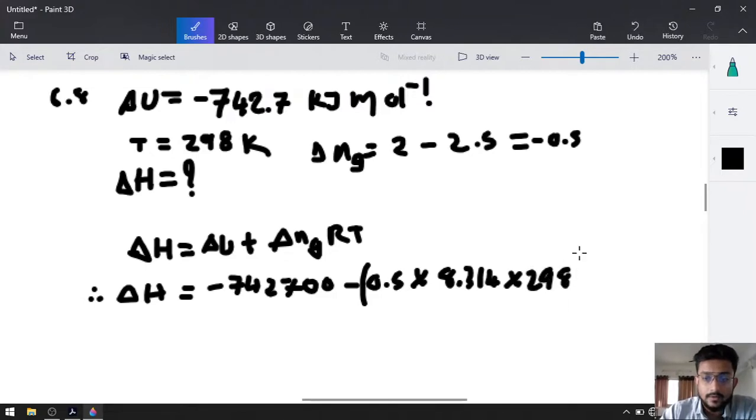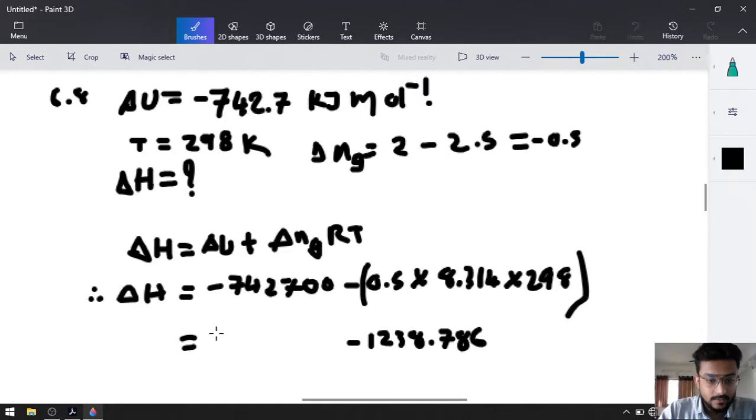Okay, so let's calculate this. 0.5 into 8.314 into 298 is equal to 1238.786, and this value is added to minus 742,700.